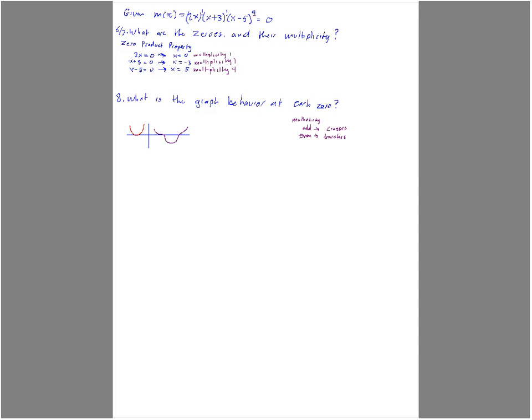Okay, so therefore, let's go ahead and list our zeros here. So x is equal to 0, x is equal to -3, x is equal to 5. The multiplicity of each is 1, 1, and 4 respectively.